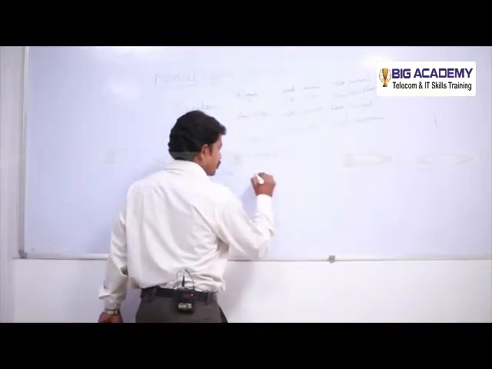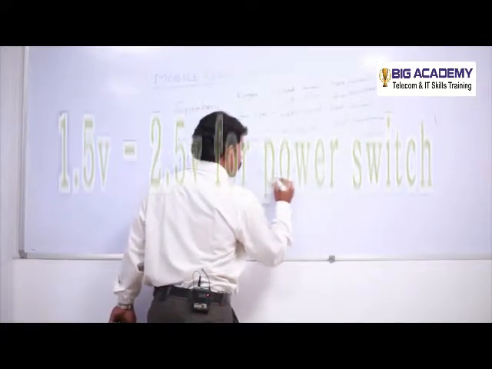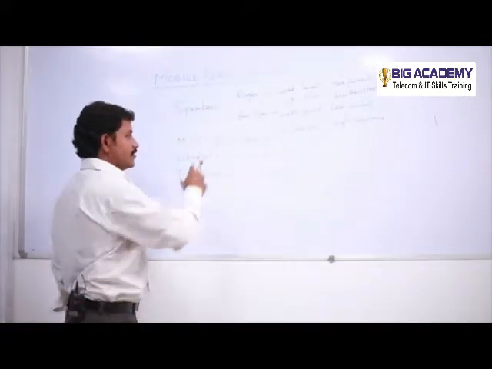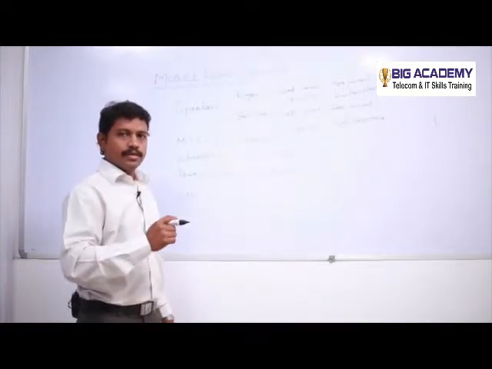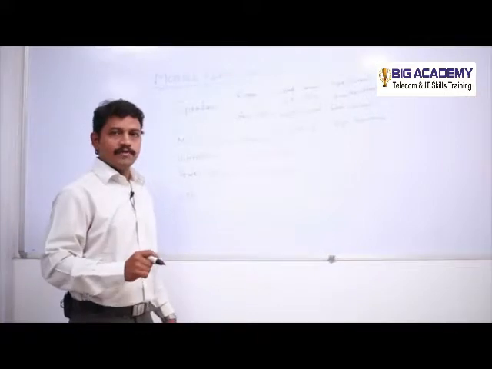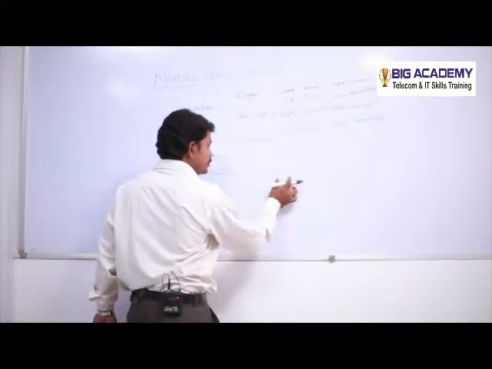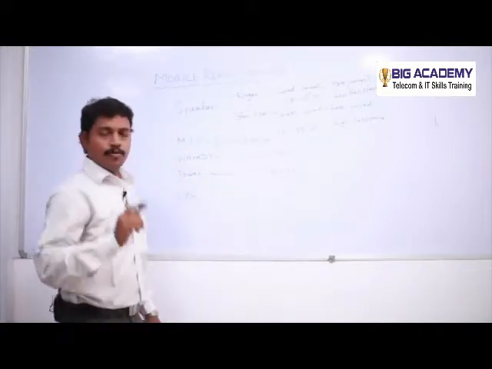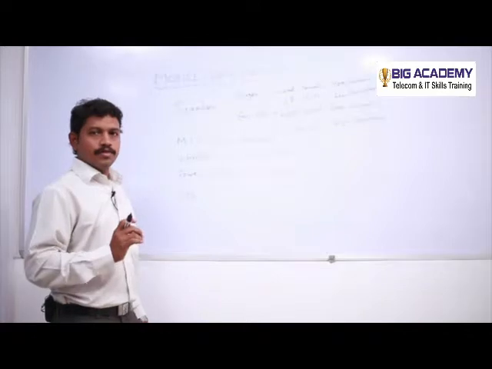Power switch, 1.5 volt to 2.5 volt. So if you are checking with the multimeter, connecting the battery and pressing the power switch on your mobile phone, it gives the value in between 1.5 volt to 2.5 volt. So this is the range.